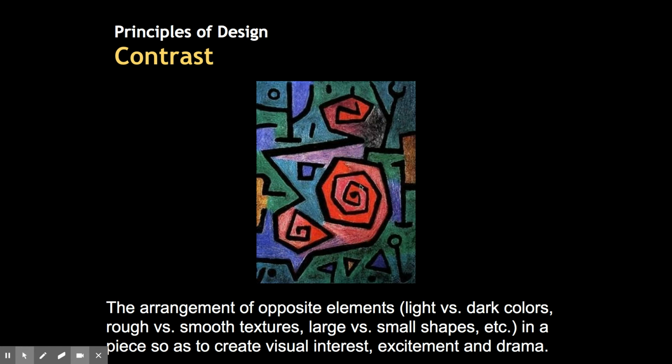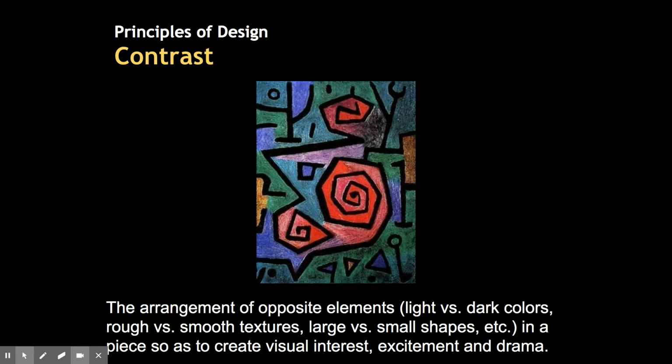So the fact that red is here, and green is in the background, that makes the red pop even more because they're opposites. The fact that this is big versus the things that are quite a bit smaller beside it. The fact that this is circular or rose versus the more simple geometric shapes around it, right? Those are contrasting, all right?